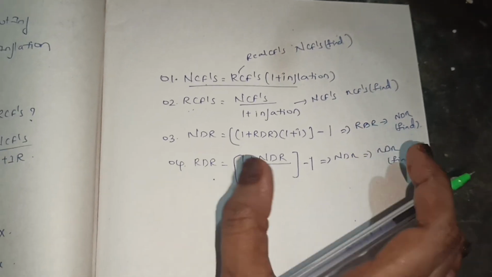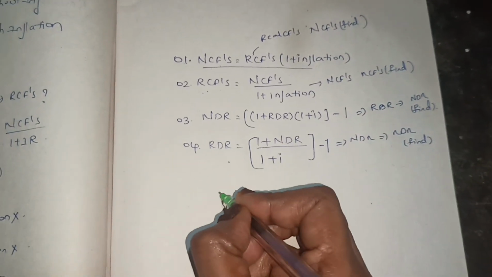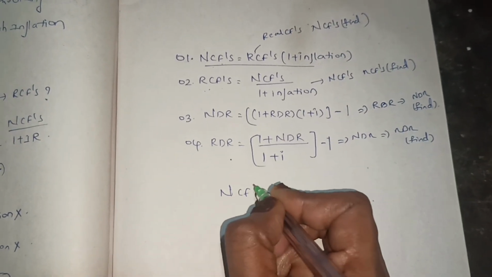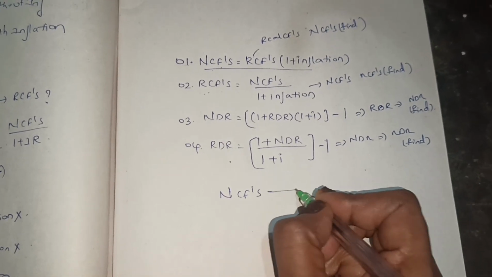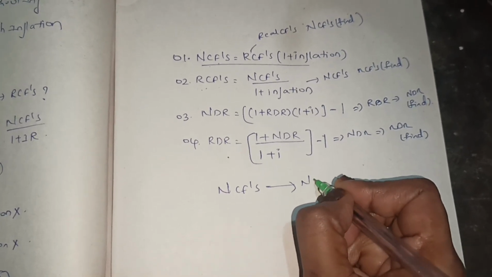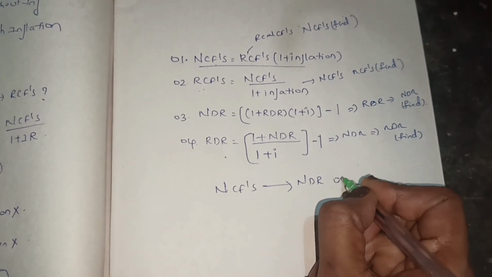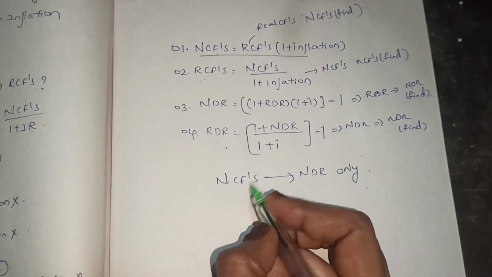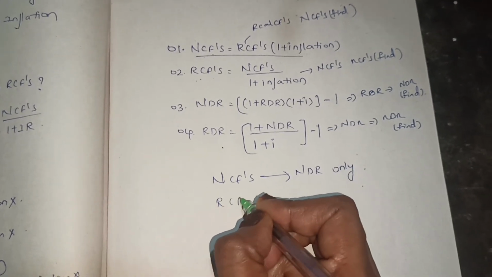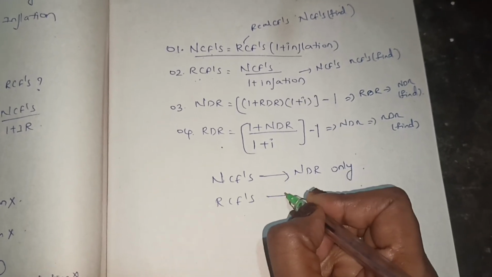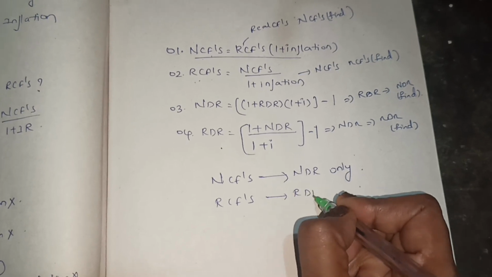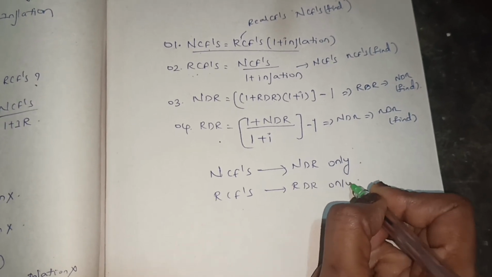And one more important thing to remember, whenever you are using nominal cash flows, you have to use nominal discounting rate only. And whenever you are using real cash flows, you have to use real discounting rate only.